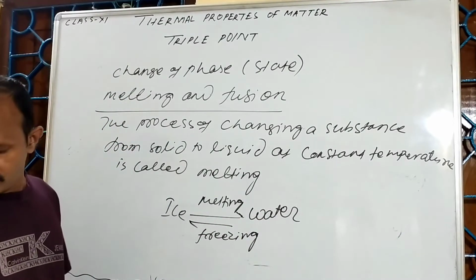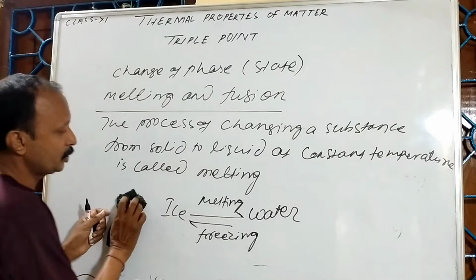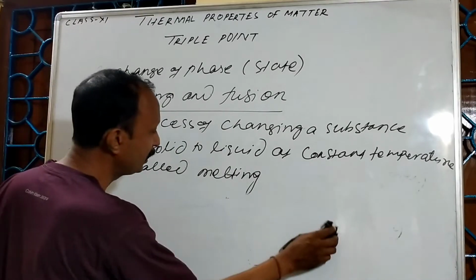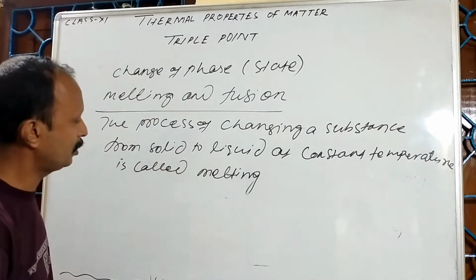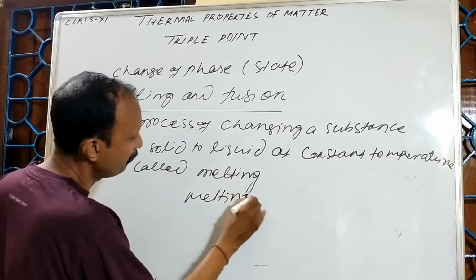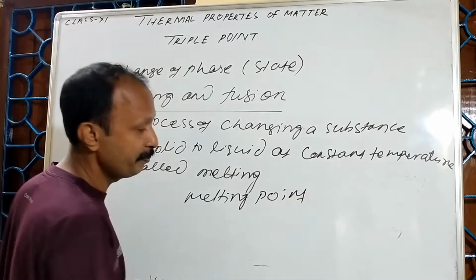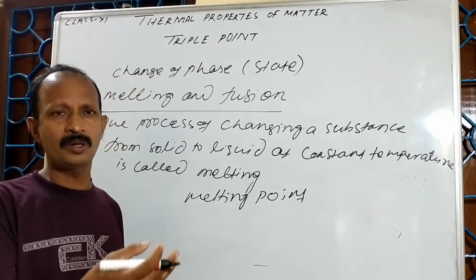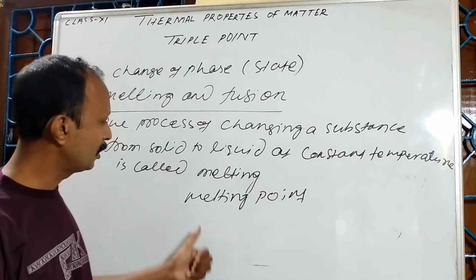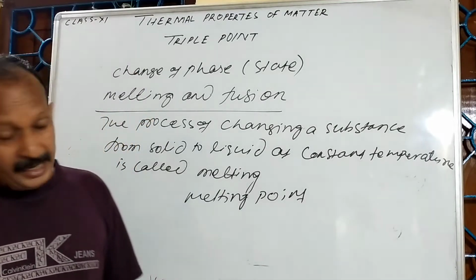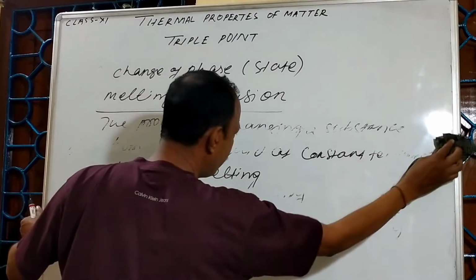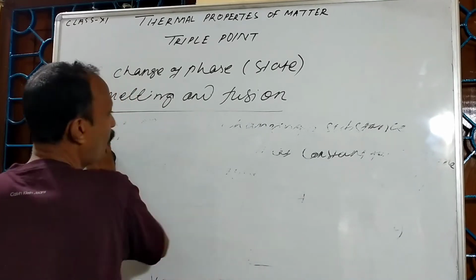So the process of changing of a substance from solid to liquid at constant temperature is called melting, and the temperature at which it happens, that is called melting point. The temperature at which substance changes from solid to liquid, the constant temperature, is called the melting point. If we take the melting point at a standard pressure, that is called the normal melting point.